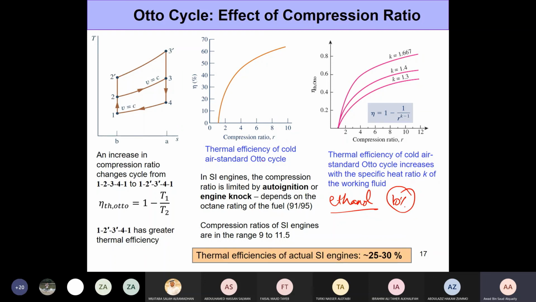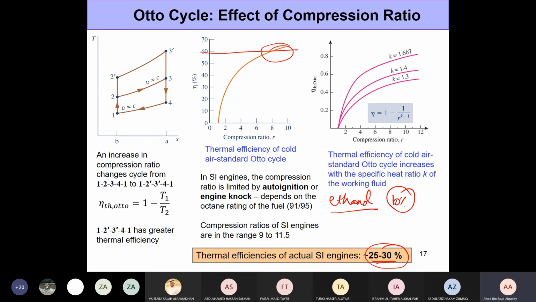So the thermal efficiencies that we have in actual spark ignition engines are somewhere in the 25 to 30% range, which are much lower than the values that we see here. And it's simply because we have many more losses that we are not considering in the ideal cycle. But irrespective of that fact, the main utility of the ideal cycle is to show us the different ways in which we can increase efficiency, right?